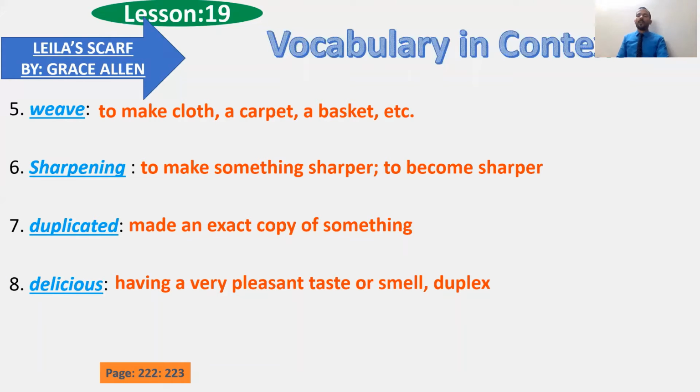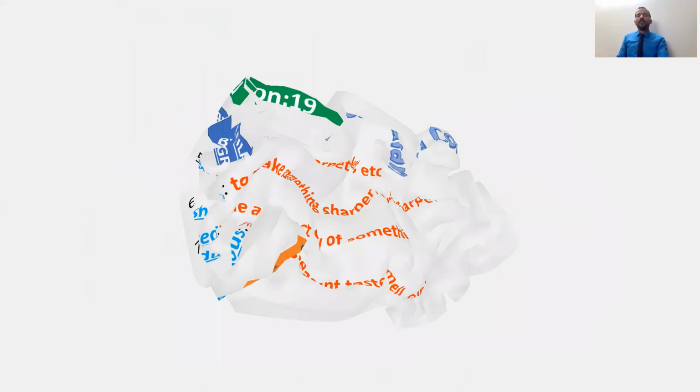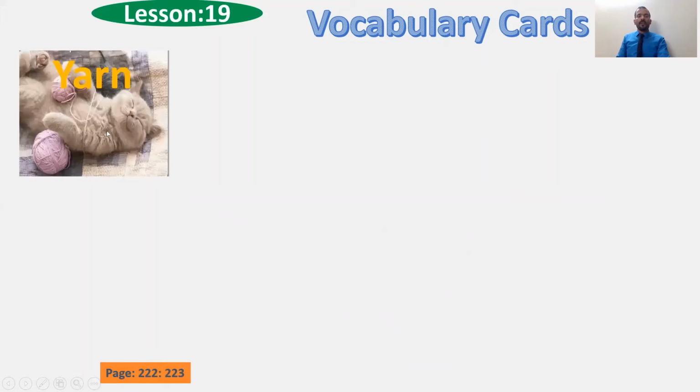So that was our vocab, our first point. We can study them again through cards or pictures. The first one, we said yarn. This is yarn, if you can see it here. As you see, the cat is playing with yarn.